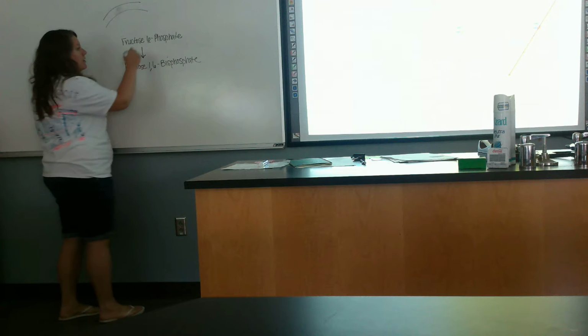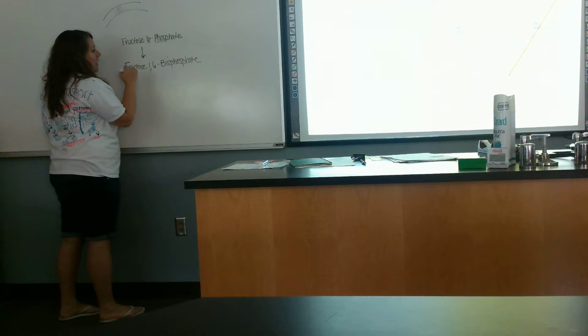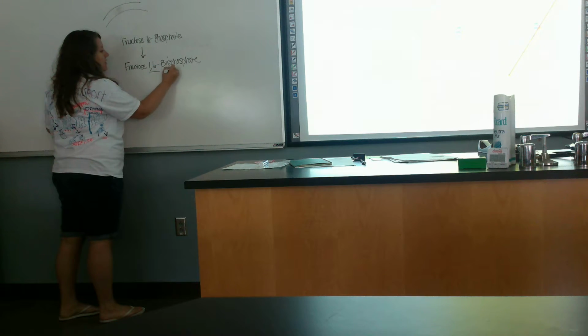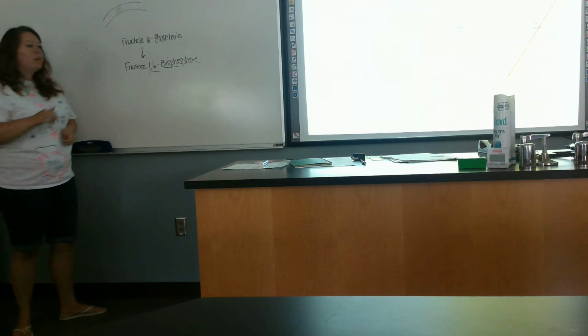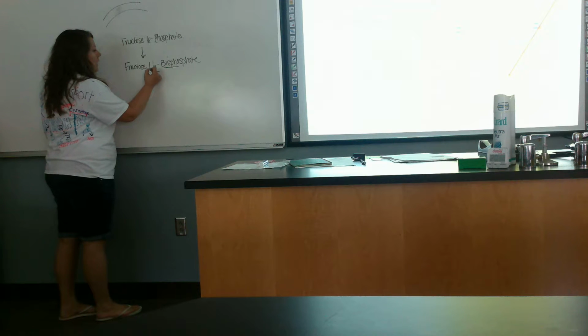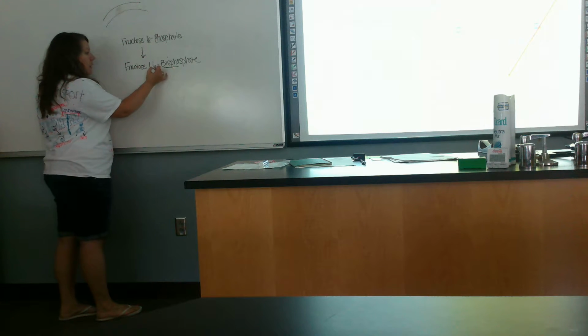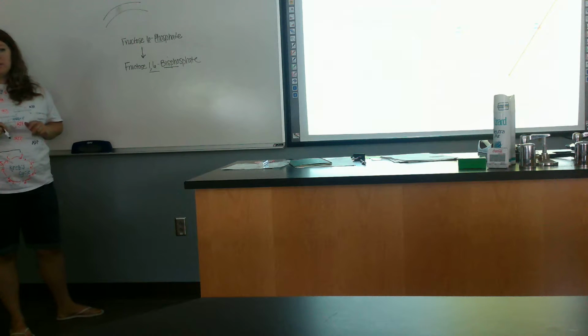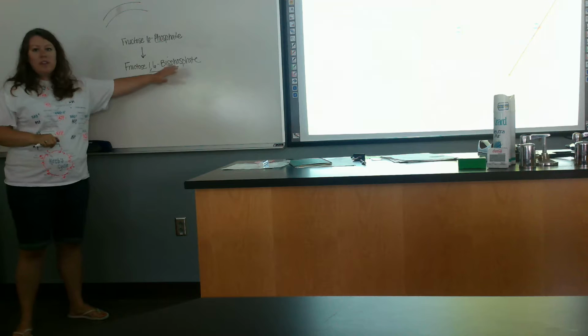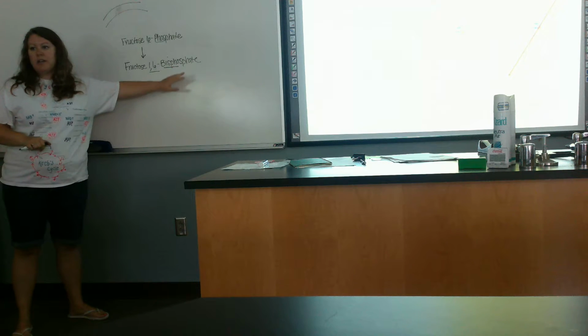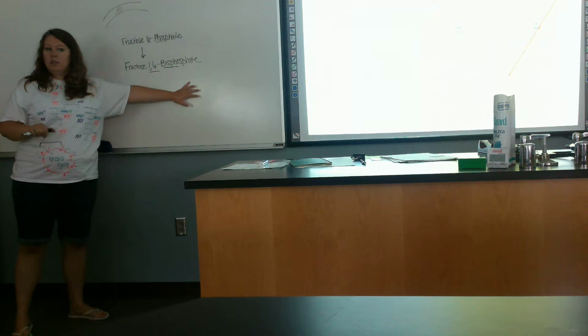So what do you think is happening here? We have a 6-phosphate. Now we have 1,6-bisphosphate. What do you think of when you look at "bi"? 2. So now we have a phosphate group on carbon number 1 and carbon number 6. Does that make sense? So now this 6-carbon molecule has 2 phosphates attached to it.